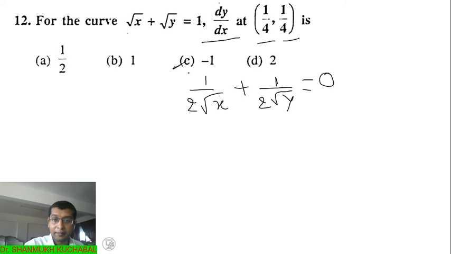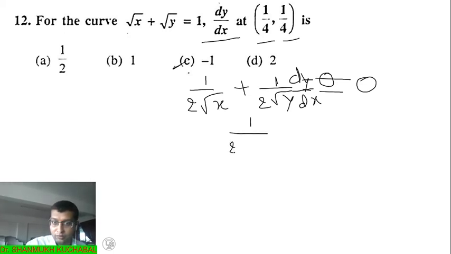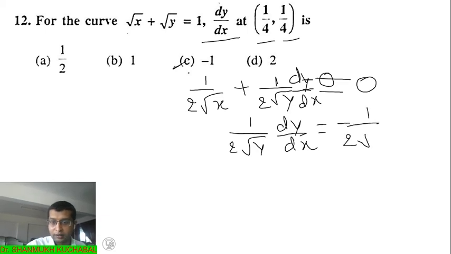Now, I forgot to write, into dy by dx equal to 0 we have to write. So this is a plus sign, transposing to that side, we get 1 upon 2 root y dy by dx equal to minus 1 by 2 root x.